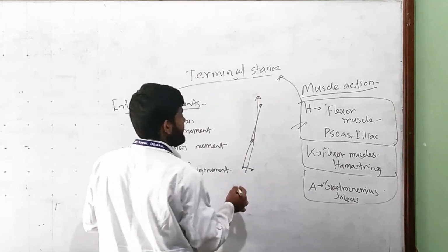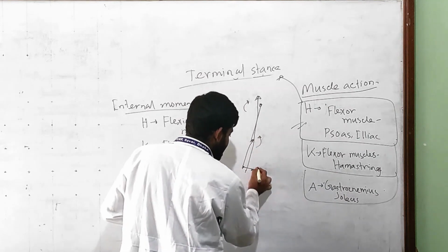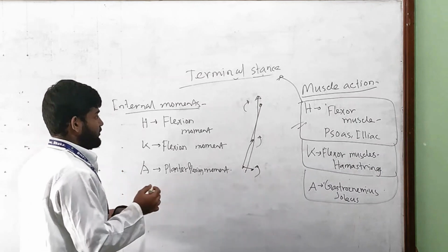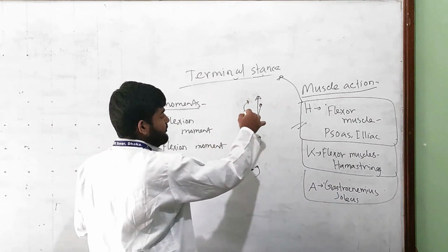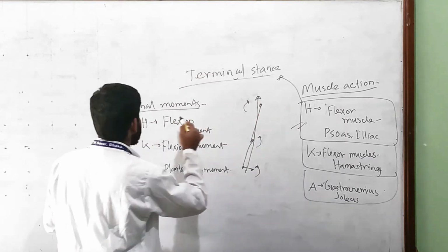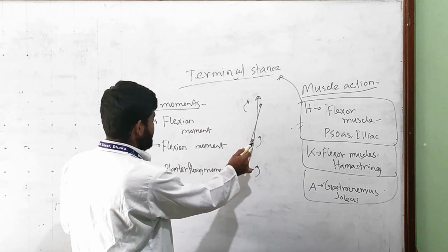So this will look like this, and this will create these movements. So for the hip joint, the external movement is hip extension movement. So the hip flexion movement will stay there, and this is hip extension movement.